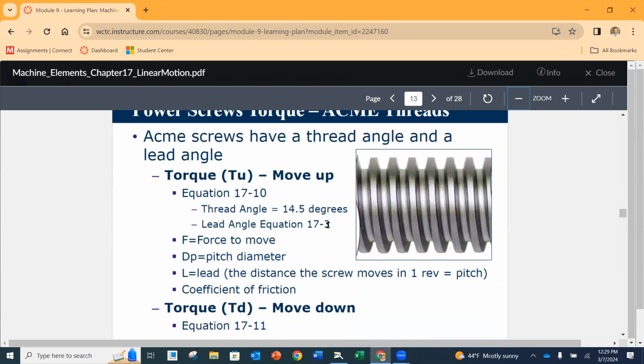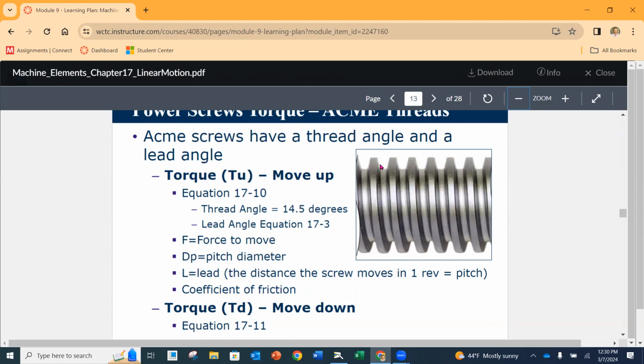Now, the first equations we have there were for square threads. They're the more efficient thread and are used a lot, but Acme threads are also used quite a bit, mostly because of their ease of manufacture. The equation for the up and the down changed slightly because the thread form is different, and a thread angle of 14.5 has to be added into that equation.